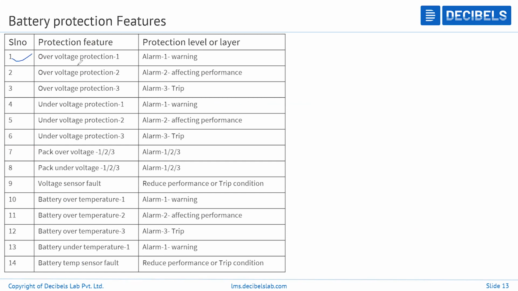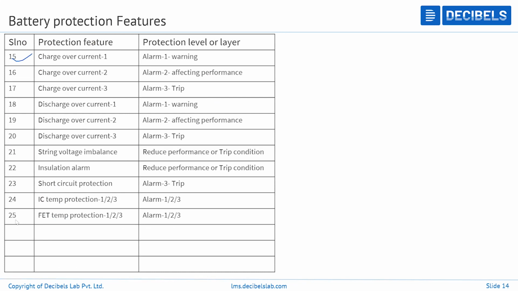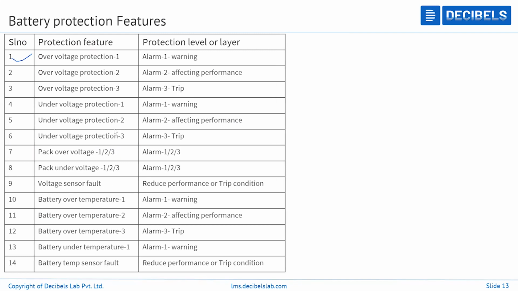Let's take over voltage protections. I have listed something like 25 protection features. So over voltage protection 1, 2, 3 means level 1, level 2, level 3.